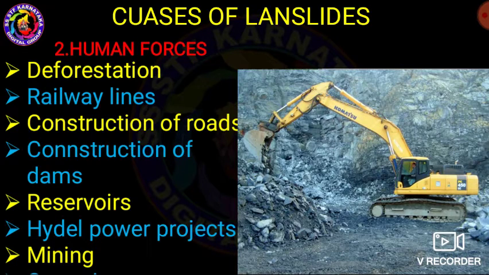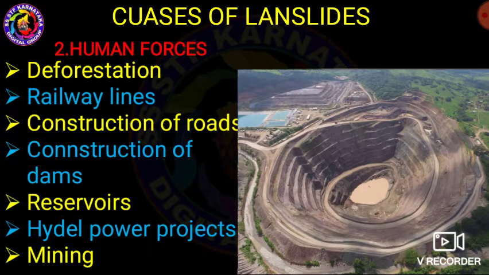These are the human forces behind landslides. Understand? Deforestation, railway lines, construction of roads and dams, reservoirs, hydropower projects, mining, etc. These are the human causes of landslides.